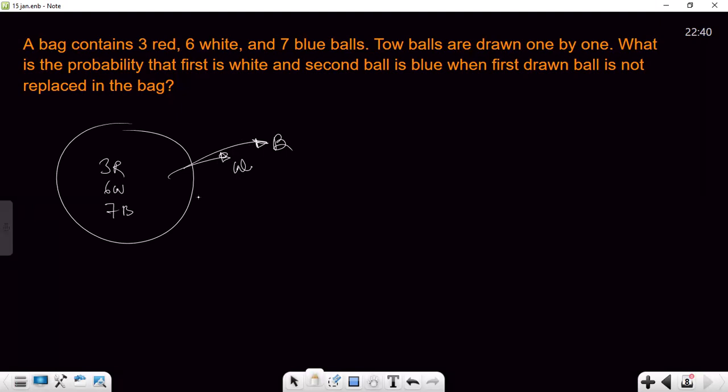Okay, so let's name the event of drawing the first ball as white as A, because it is taking place first, and then we have to talk about the probability of the second.